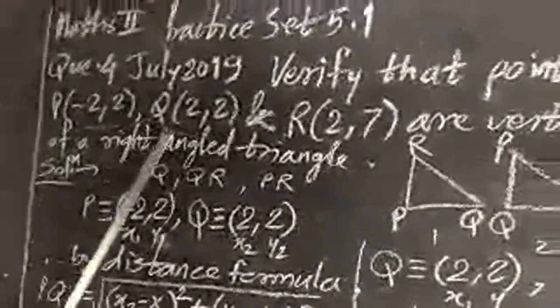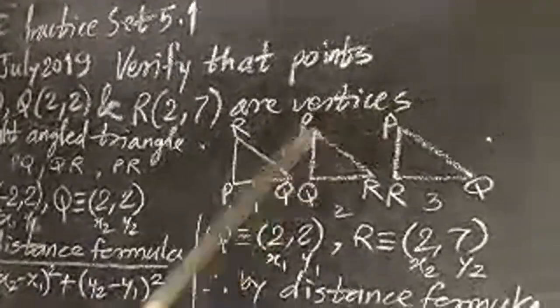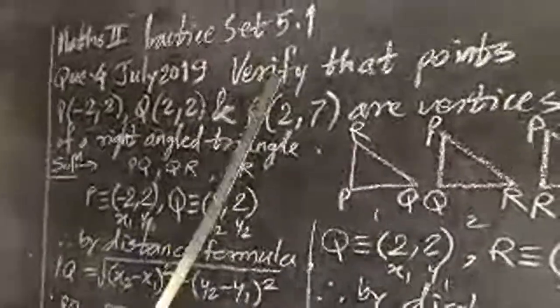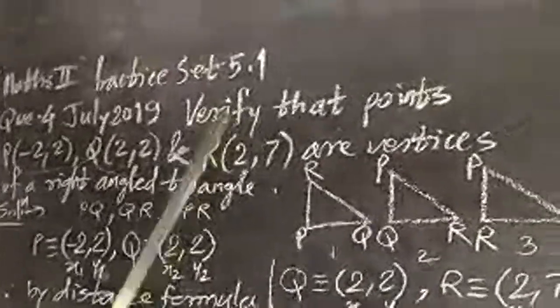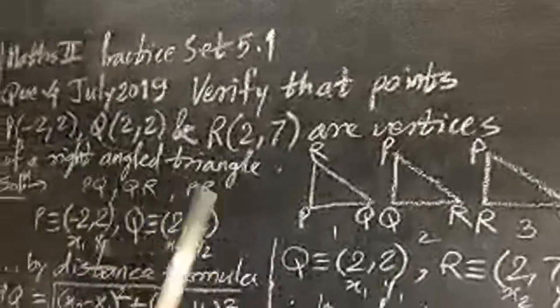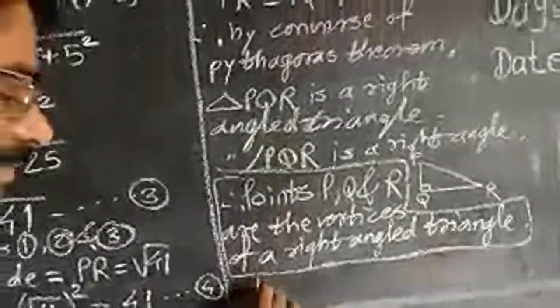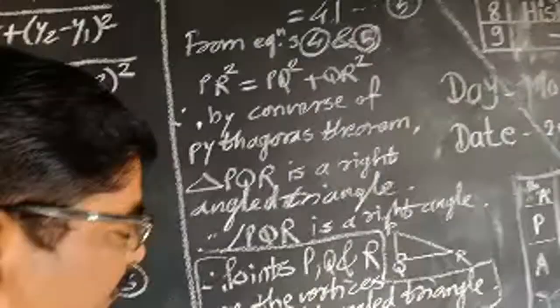That student found it. Points P, Q, R are vertices of a right angled triangle, and this is verified. That is the asking question. We write the answer in this format, and that student gave a good answer, and we write hence proved.